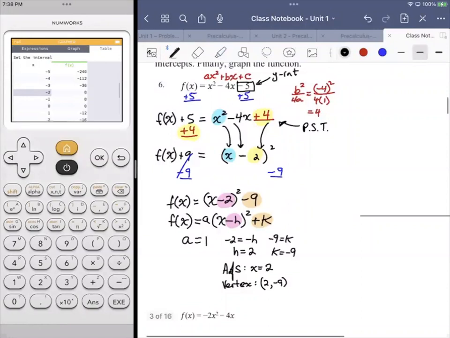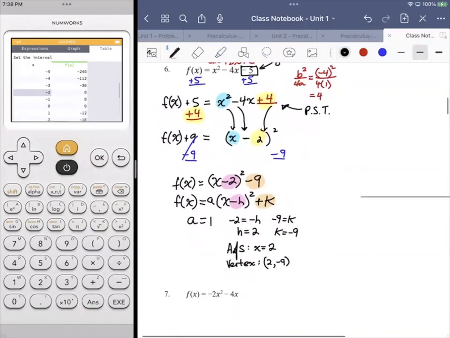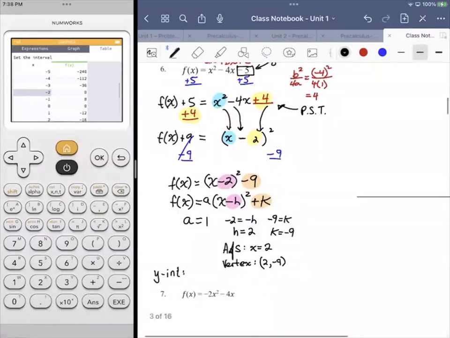All right. Now, if you only had the standard form to find the y-intercept, you would compute f of 0. And remember, when you say f of whatever, that number is what's getting substituted in for x in your function f of x. All right.